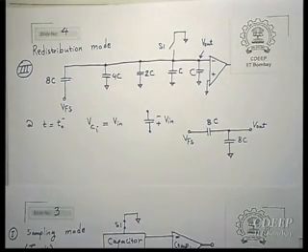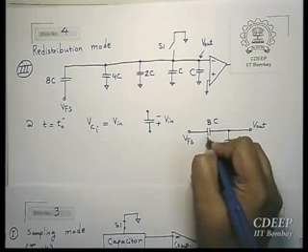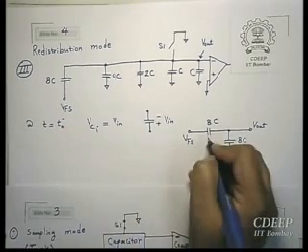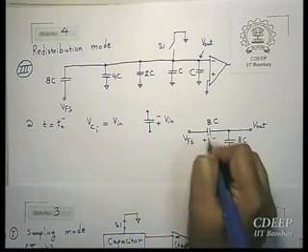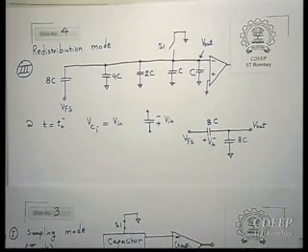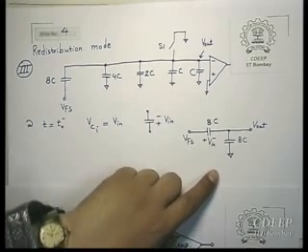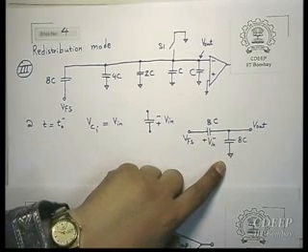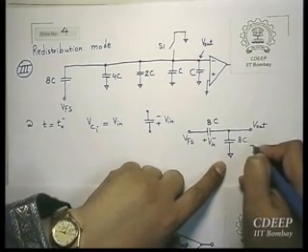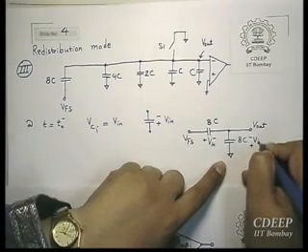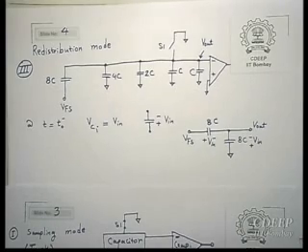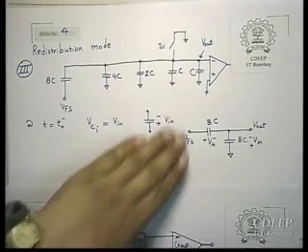Look at the polarity. The bottom plate of 8C, which is connected to V full scale, had Vin. Now the bottom plates of the other capacitors are connected to ground. Already it had voltage Vin. So what we have done is just connect the bottom plate to Vin. Forget about full scale.